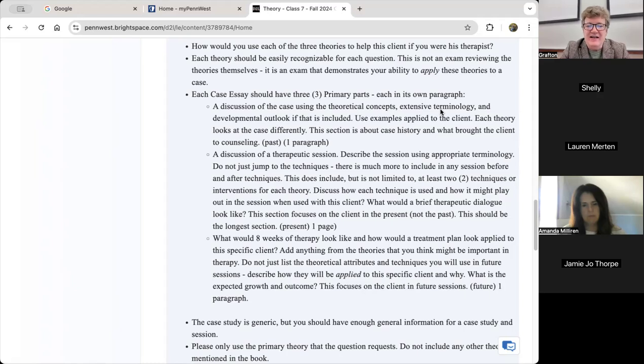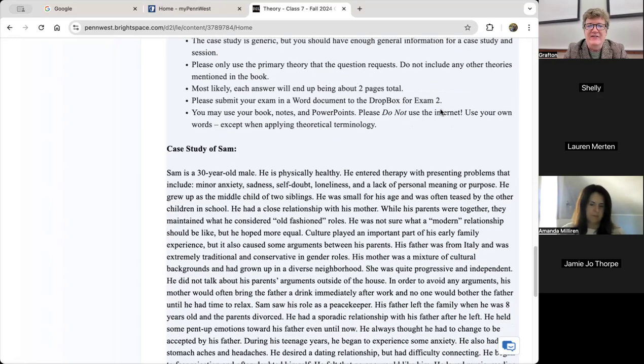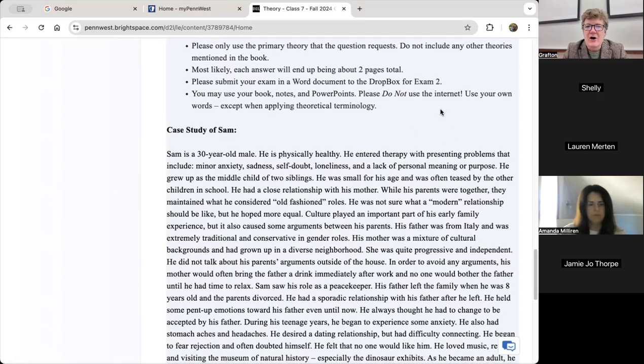The case study, it's generic, but you should have enough general information for this session and answers. Only use the primary theory. Corey mentions a lot of different theories in each chapter.